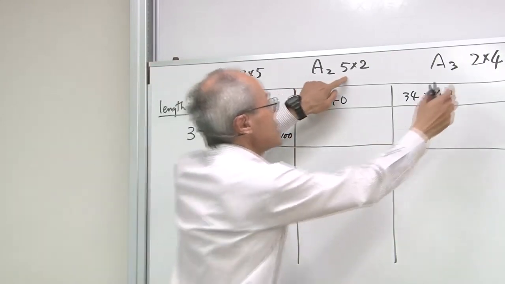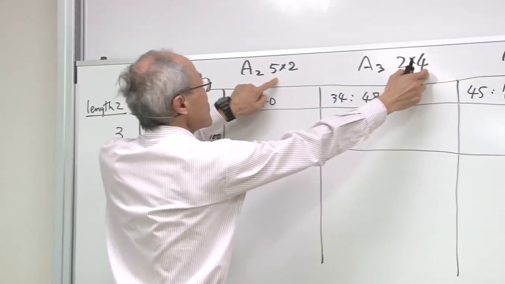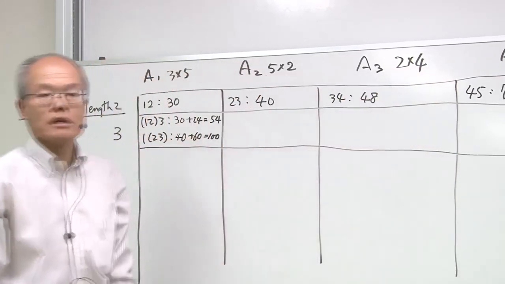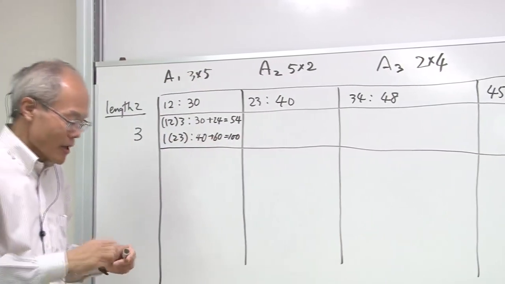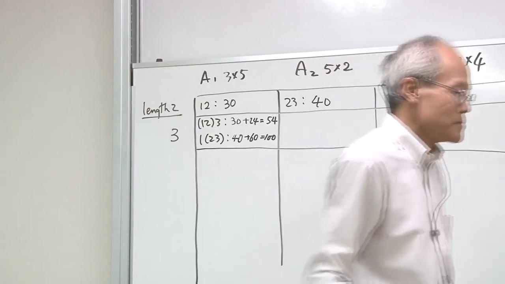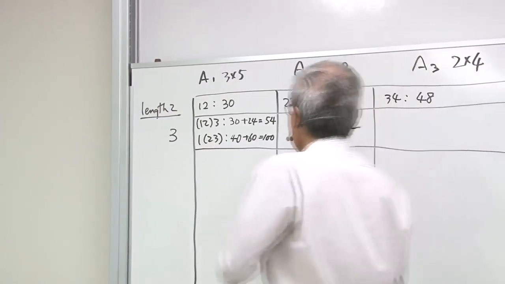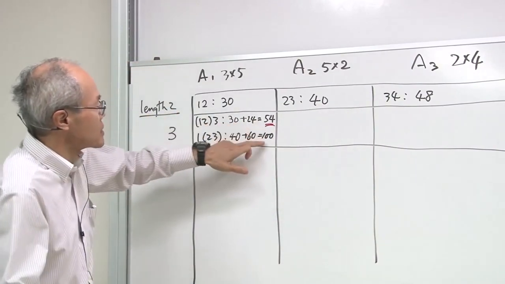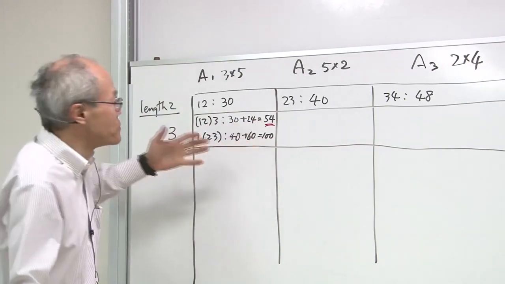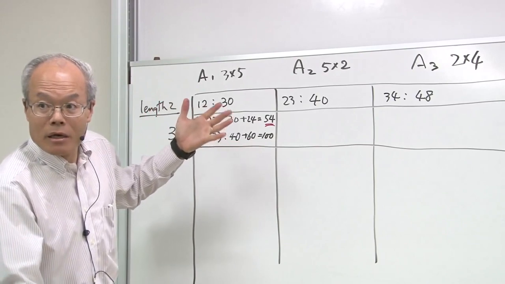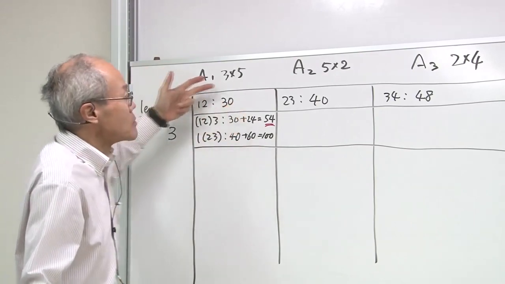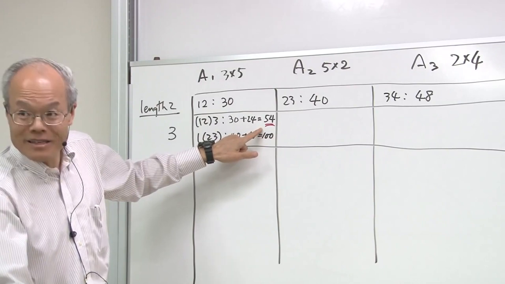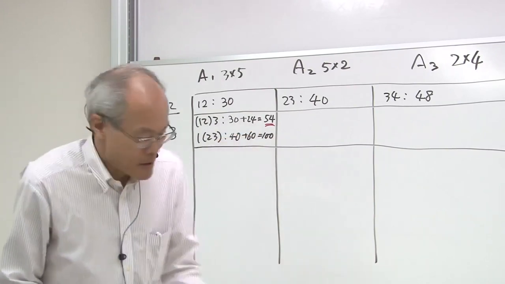Because 2 and 3 gives a 5 by 4 matrix, so 3 times 5 times 4 is equal to 60. The sum is 100. Okay? But now this is better. This order is better than that one. So the complexity for multiplying A1 through A3 is 54. Right? Okay. Let's do the same thing.